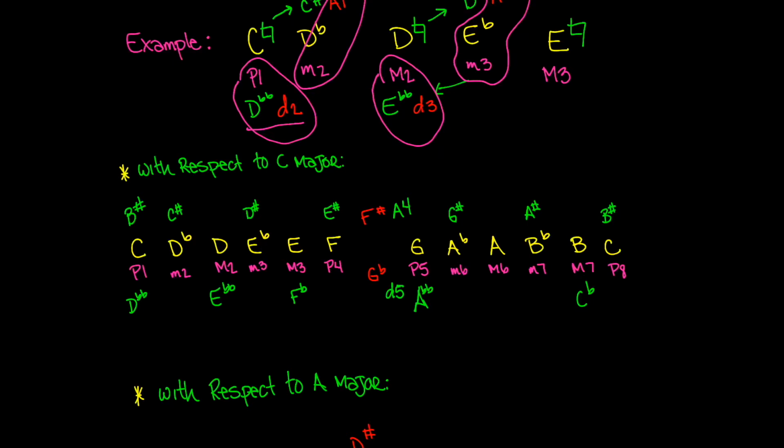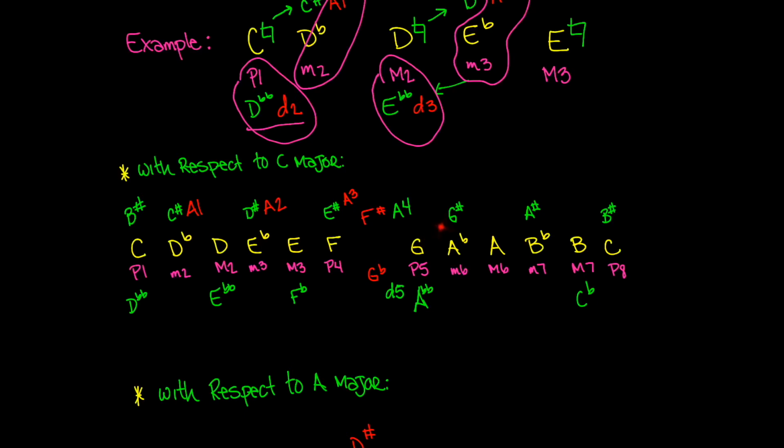So hopefully you can see, what would I call this one? Well, these are the same degrees. These are C and C sharp. So there's some kind of a C, some kind of a 1. It's getting bigger, so we're going to call it A1, augmented 1. Here, these are the same degrees, but it's bigger, so we're going to call it augmented 2. And here we can see these are the same degrees, but it's getting bigger, so we're going to call that augmented 3.